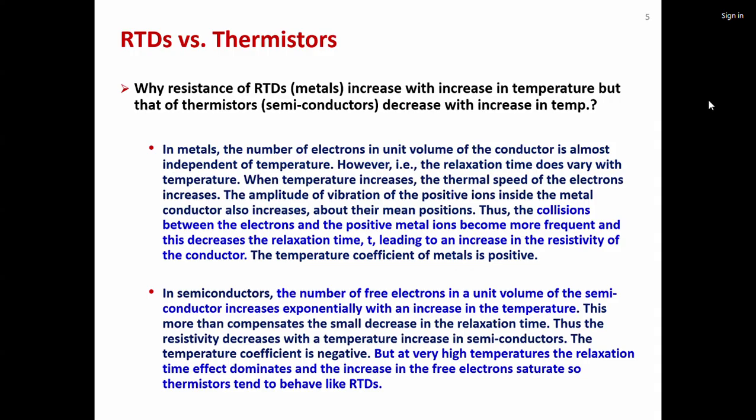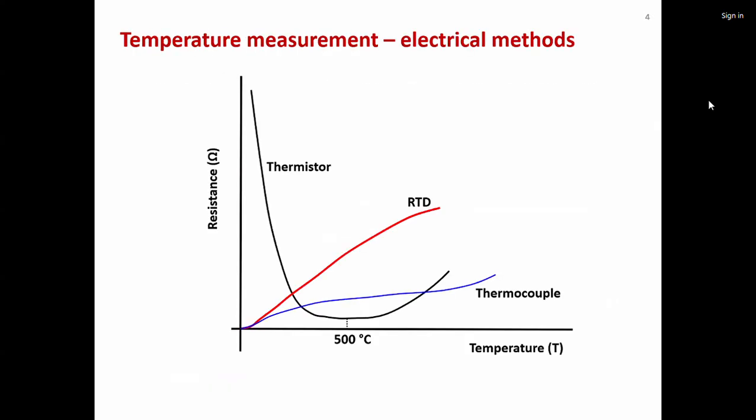So that means the resistivity would again try to increase with increase in temperature. So that basically explains what happens at the material level, that this behavior that we see here is exhibited by RTDs and thermistors.